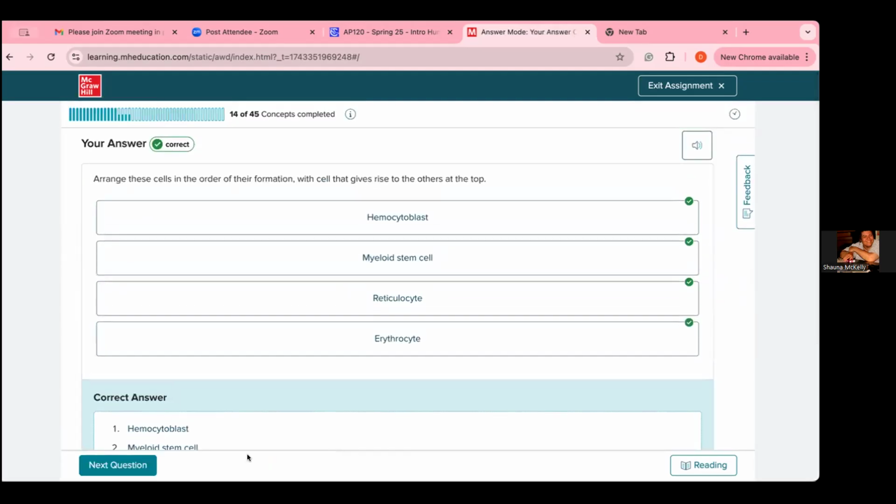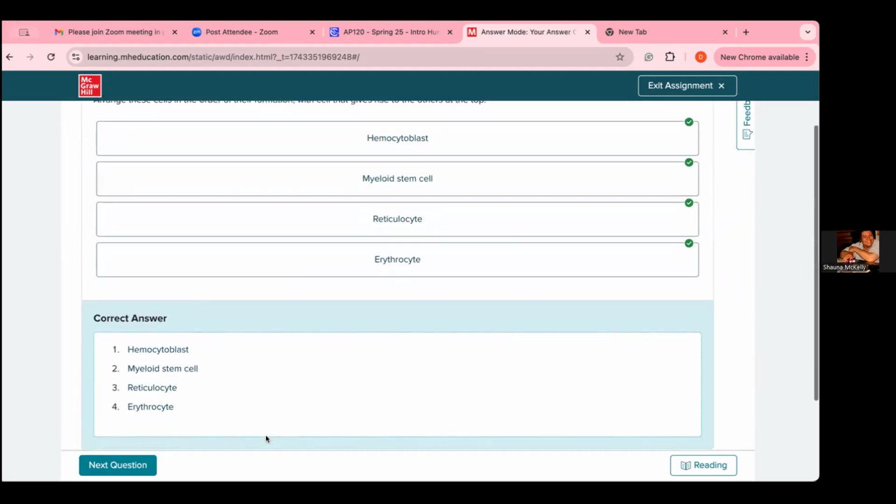Because the reticulocyte still has the endoplasmic reticulum. So yeah, I just wasn't sure if the stem cell came before the hemocytoblast, but the hemocytoblast comes first. Okay.